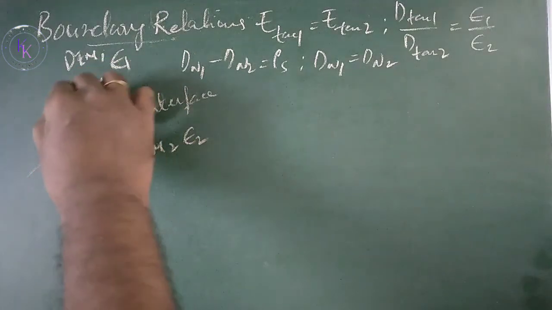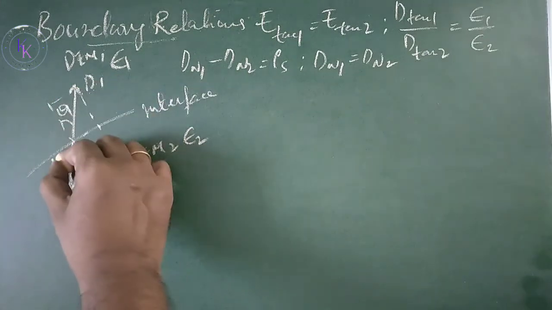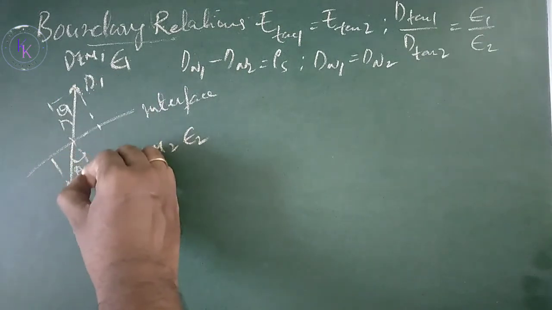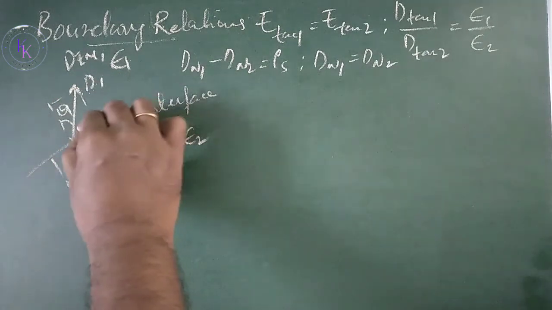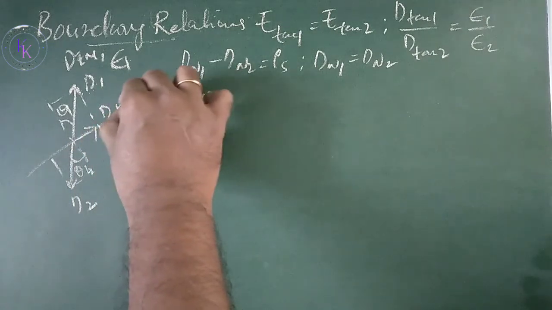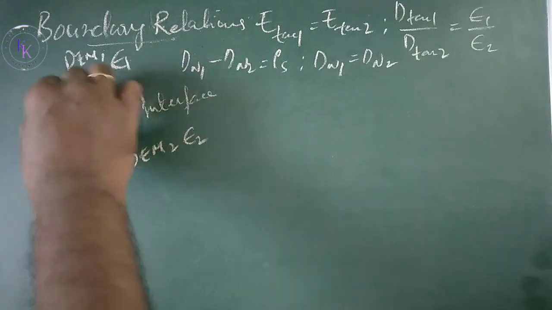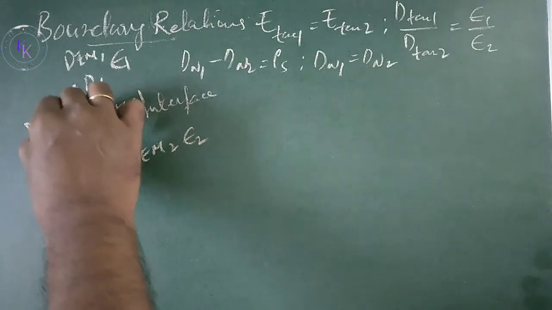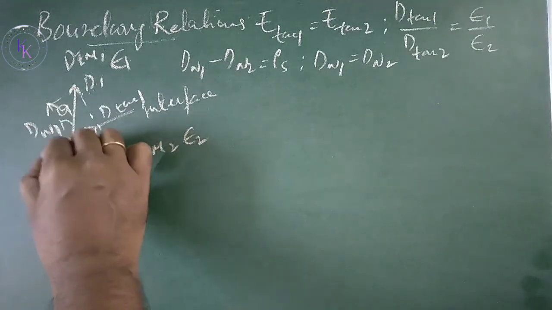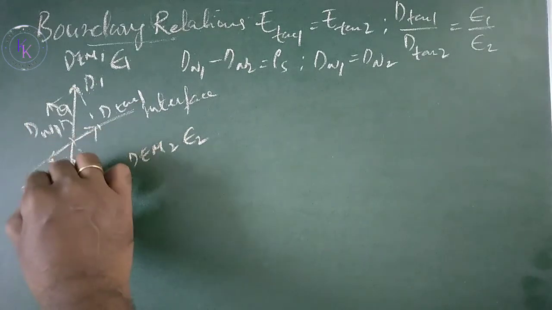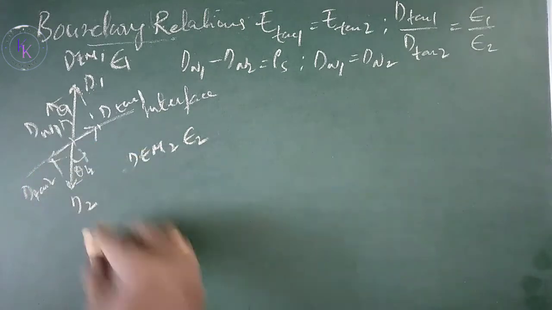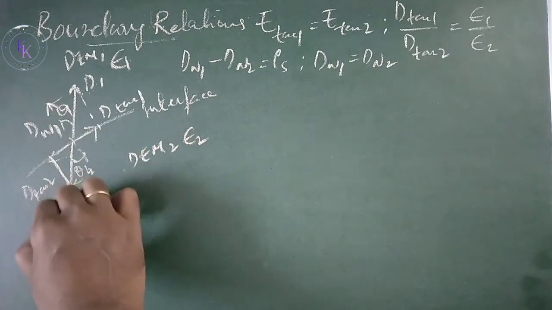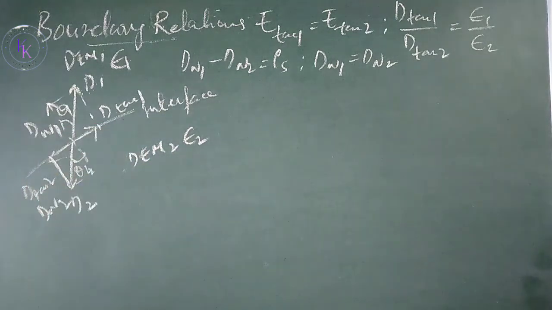Let this be theta 1 and this one theta 2, this one D tan 1 and this one D n1, and this one D tan 2, this one D n2.